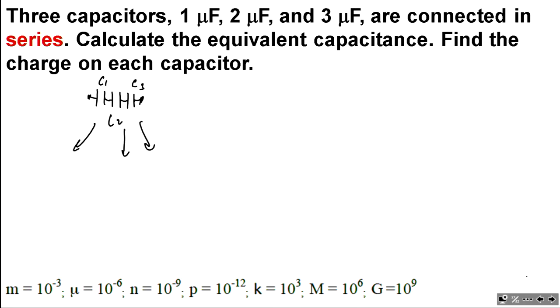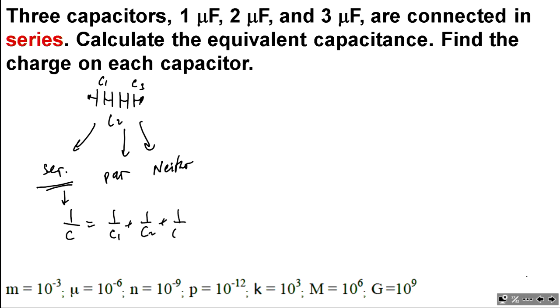What kind of a connection do we see? And we have only three possible options: in series, in parallel, or neither. It is also an option. We make our choice. Okay, in this situation, in series. And now, because we know what equation we should use, we use it.